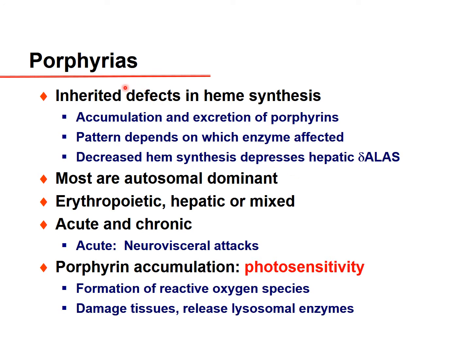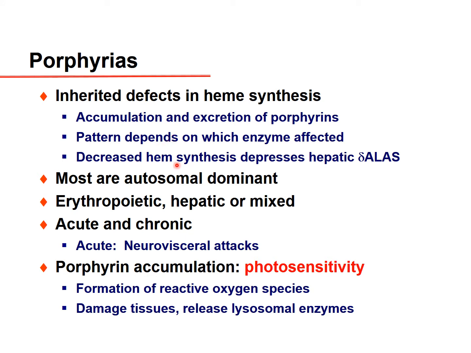Porphyrias. In porphyrias, we have an inherited defect in the heme synthesis, and as a consequence we have an accumulation and excretion of porphyrins. Now, of course, the pattern is going to depend on the enzyme defect.